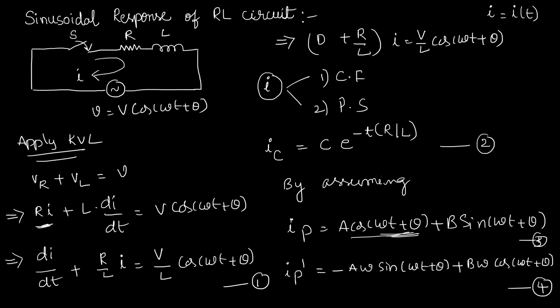Now you substitute these two equations, that is equation 3 and 4, in equation 1. There you can have certain expressions, and let us see how it can be. Please remember what the i_P expression and the i_P prime expression are.